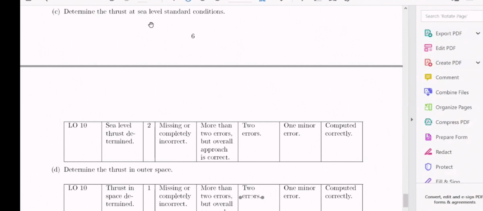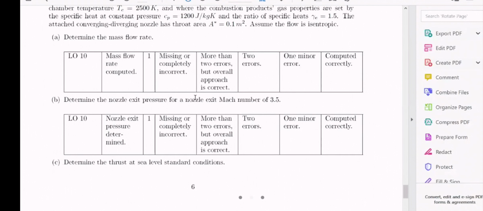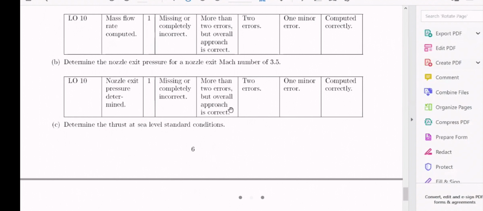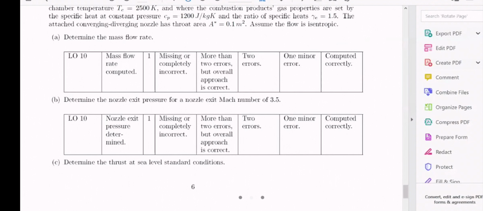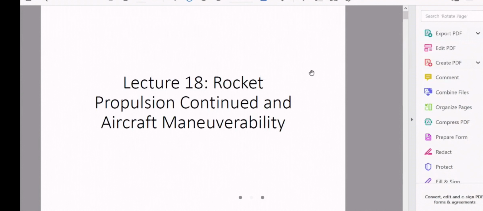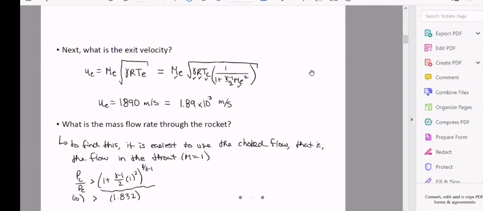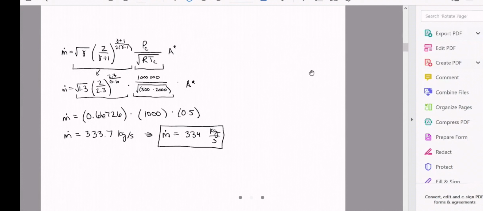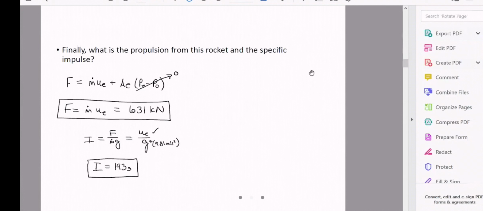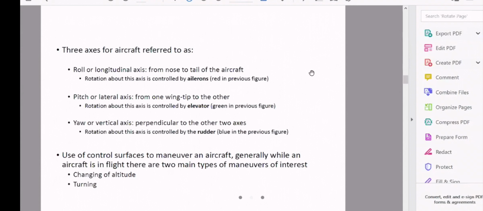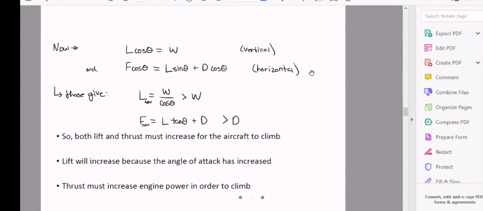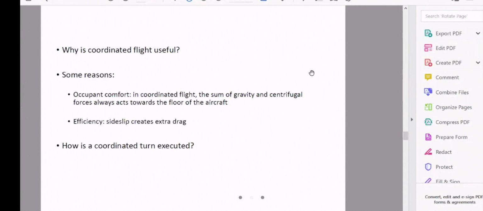So what's the formula for the thrust at sea level standard conditions, or just the formula for thrust in general? I think I wrote it down, but when it said in outer space, that's where I didn't know what to do. I wouldn't assume it to be R. Maybe it's just a typo in the question.